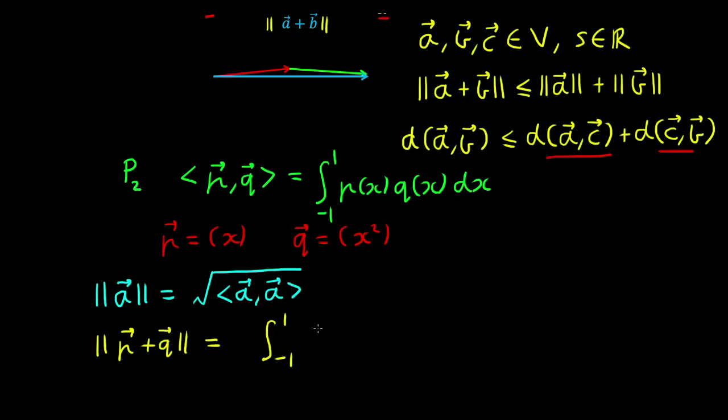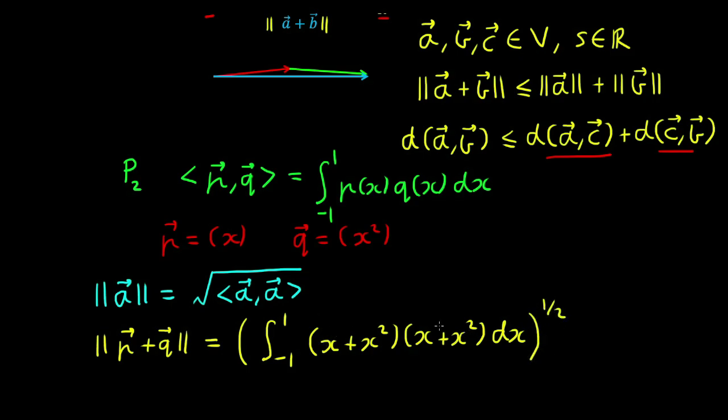So what we have is x plus x squared by x plus x squared, and we're integrating over x, and then we take the square root to get the norm.